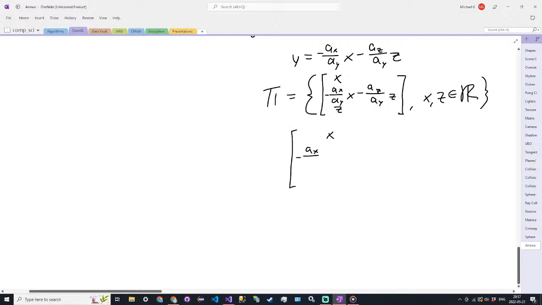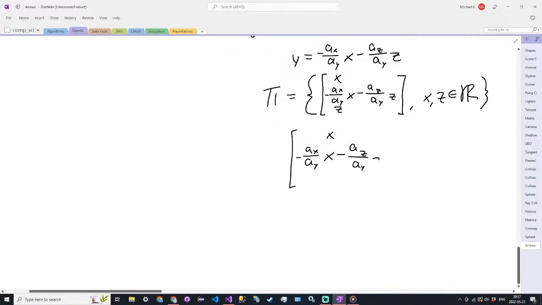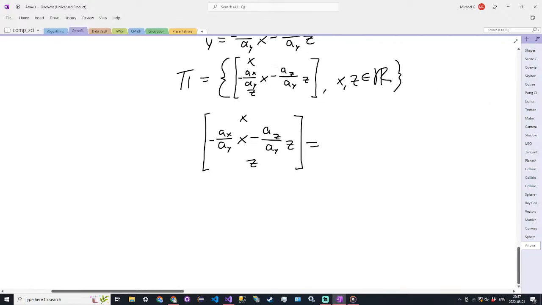I'm just going to rewrite it down here. And if we separate based on the constants, we have that this is equal to X times, because X and Z are constants, we're assuming that they're arbitrary constants, so this is X times (1, minus AX over AY, 0), plus Z times (0, minus AZ over AY, 1).